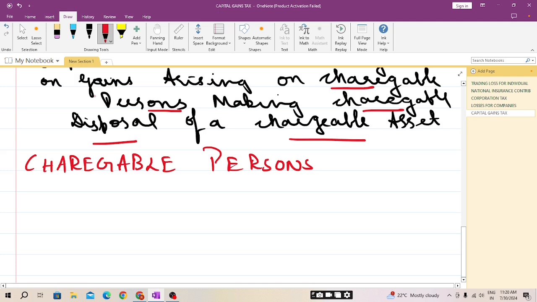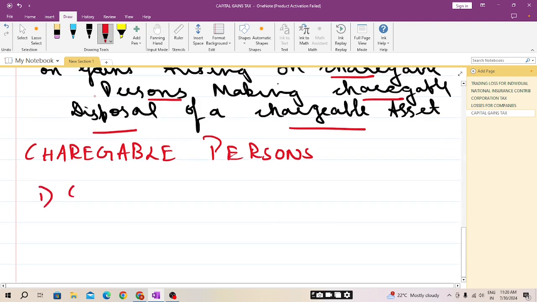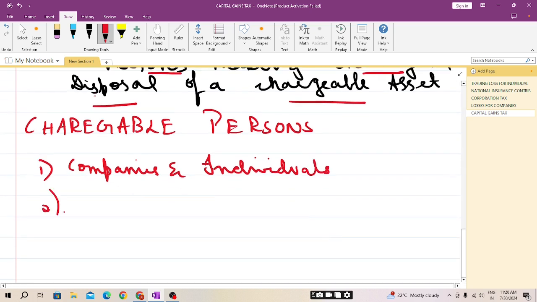As we have already seen, chargeable persons include companies and individuals. We have also seen that an individual who is a UK resident in the tax year in which the disposal takes place is subject to CGT on their gains.